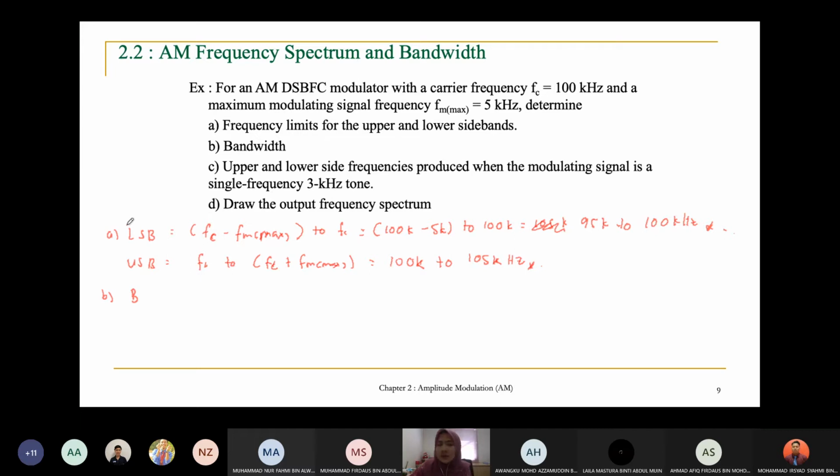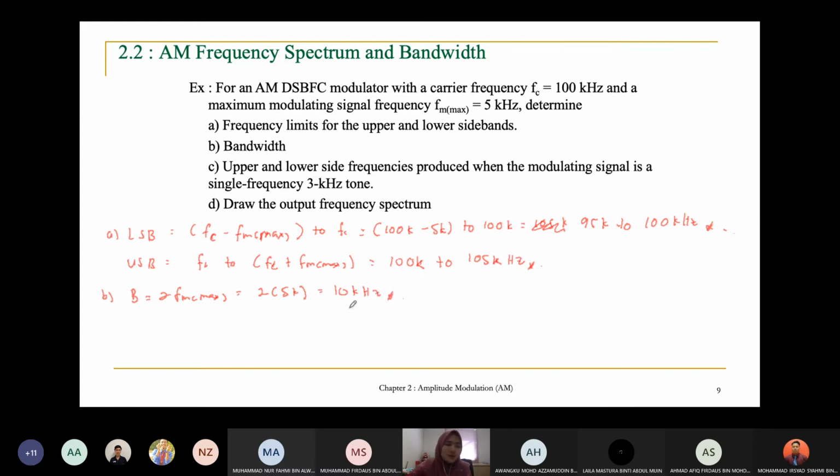Bandwidth is 2 Fm max, so 2 multiplied by 5K equals 10 kilohertz.